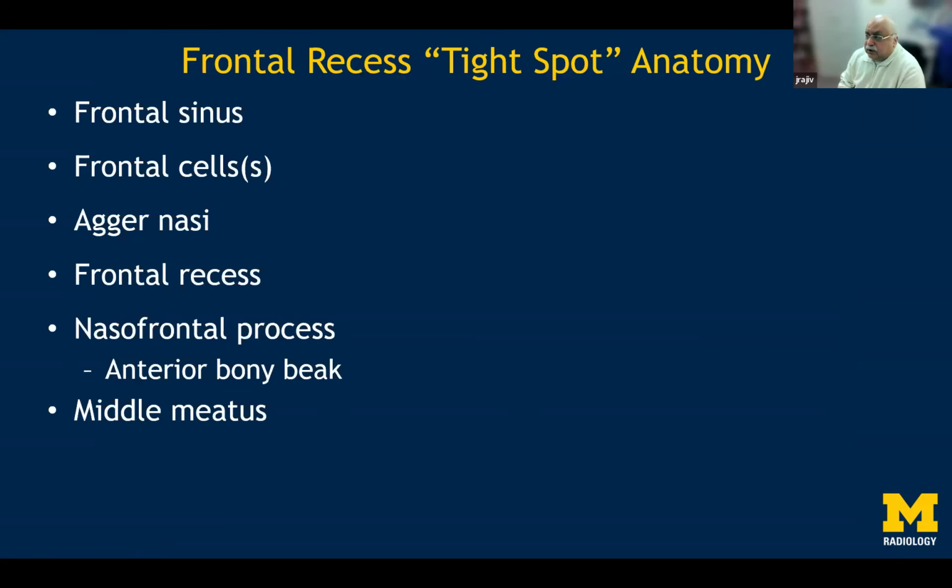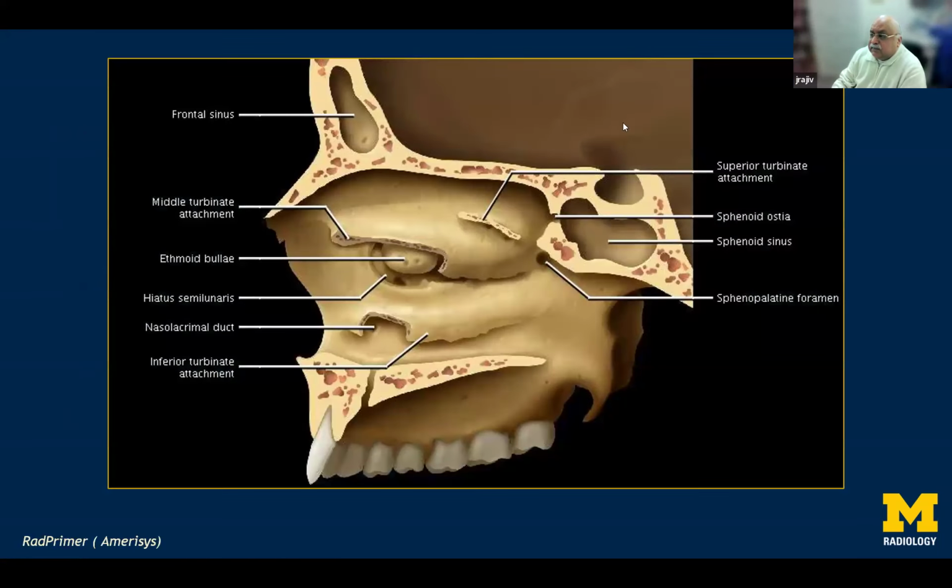So the first tight spot is the frontal recess, and its main constituents are the frontal sinus, the agger nasi, the nasofrontal process, which is the bony beak which projects from the posterior aspect of the frontal bone and the nasal bone, which demarcates the frontoethmoidal recess and the middle meatus itself, which is the drainage point of the frontal sinus. So here we can see the major structures which we are interested in.